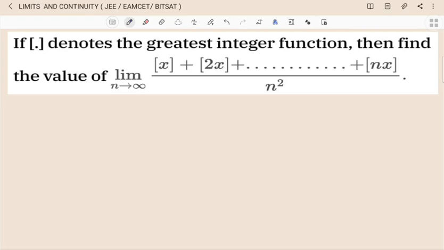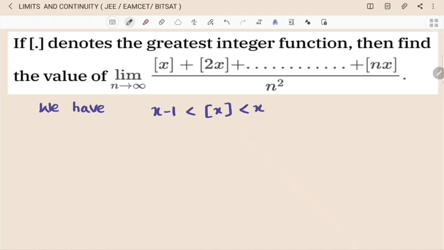Before going to discuss this one, we know about the greatest integer function [x]: x minus 1 is less than [x] is less than or equal to x.